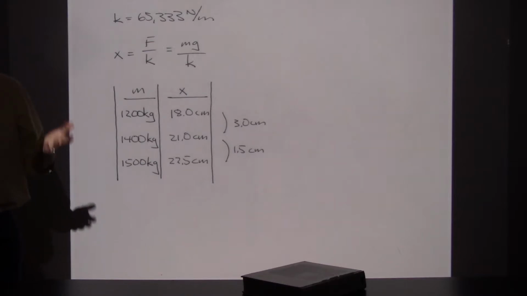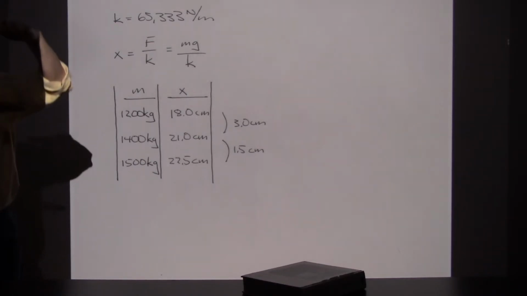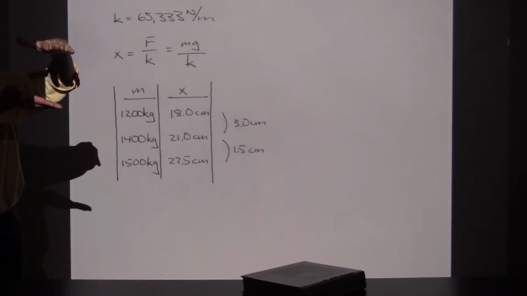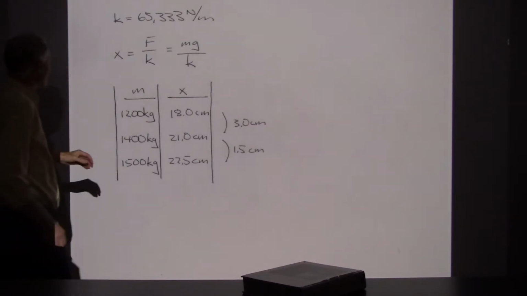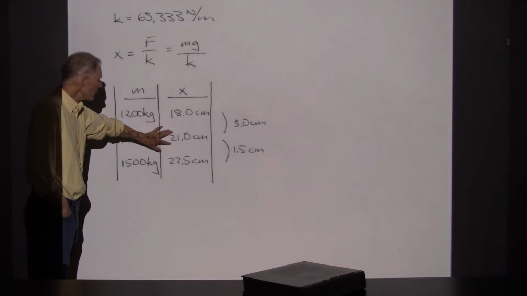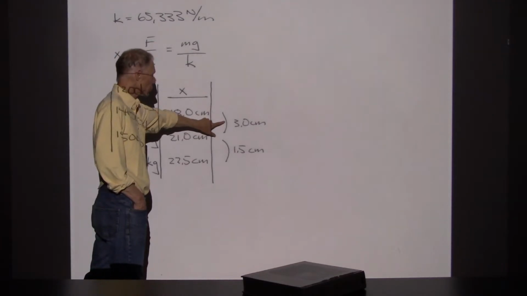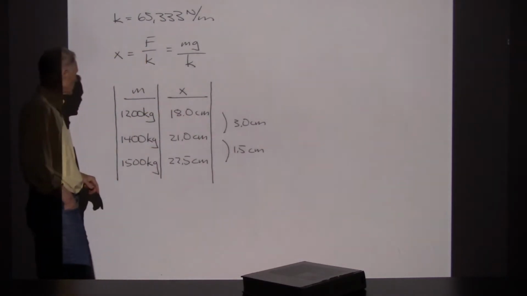So before anybody got in the car, the springs were already compressed a lot, 18 centimeters. When the 4 passengers came in, that added 200 kilograms. That compressed it to 21 centimeters. That's why we observed a 3 centimeter compression.